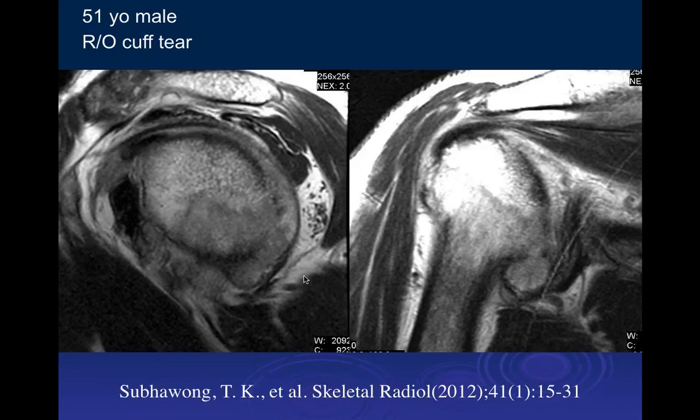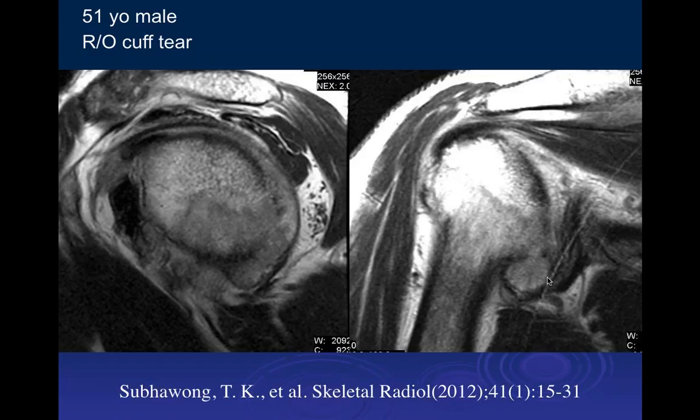These are T1 weighted images. Well, this is sagittal T2, but I don't see much fluid there. And then there's atrophy. This is a coronal T1, and there's intermediate signal intensity in the axillary pouch.